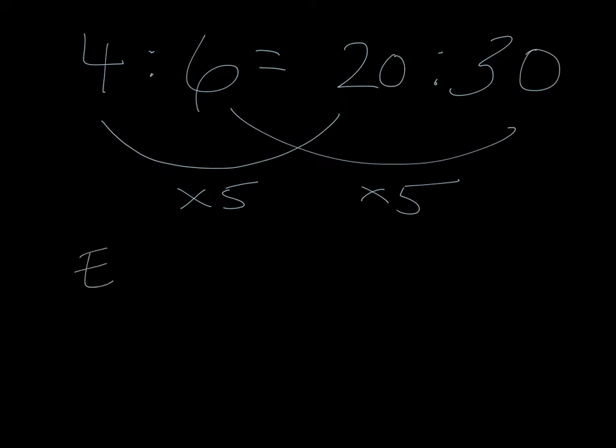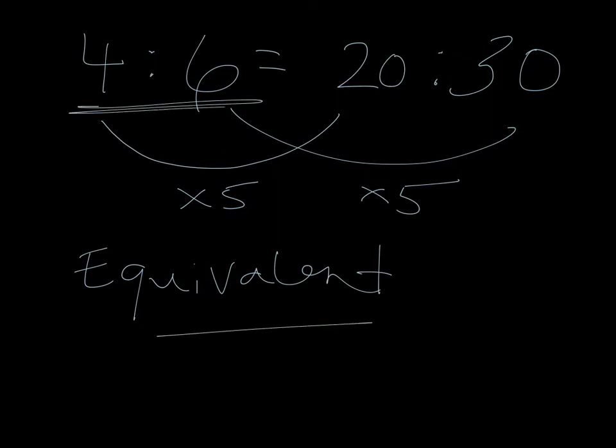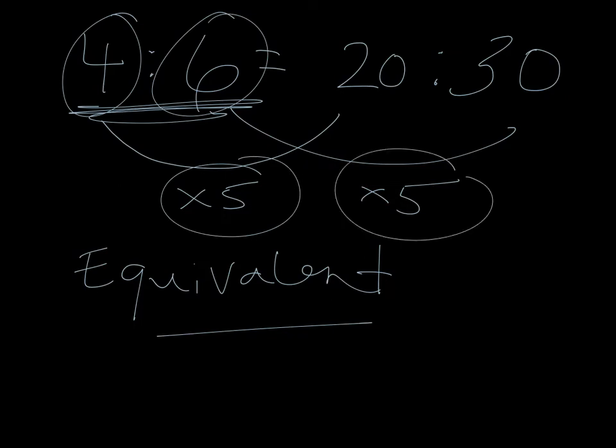So that's an equivalent ratio, because I've multiplied both numbers by the same number. I multiplied 4 by 5 and 6 by 5, and that's my other ratio. So 4 to 6 is also equivalent to 20 to 30.